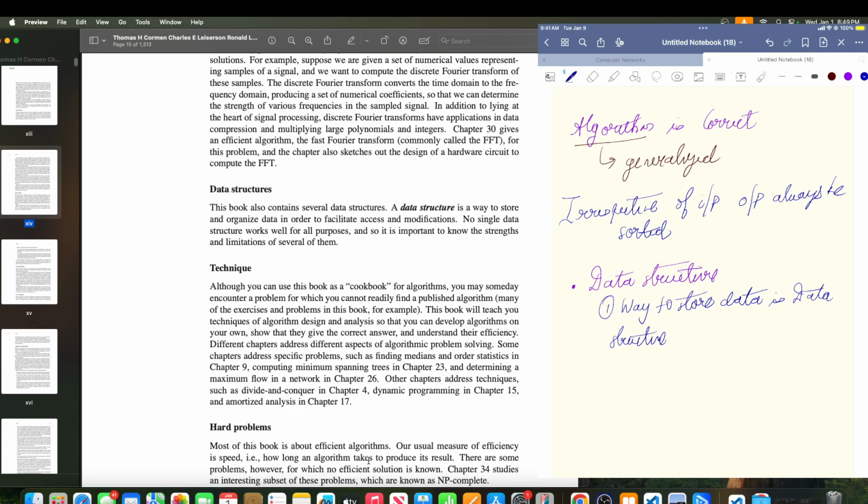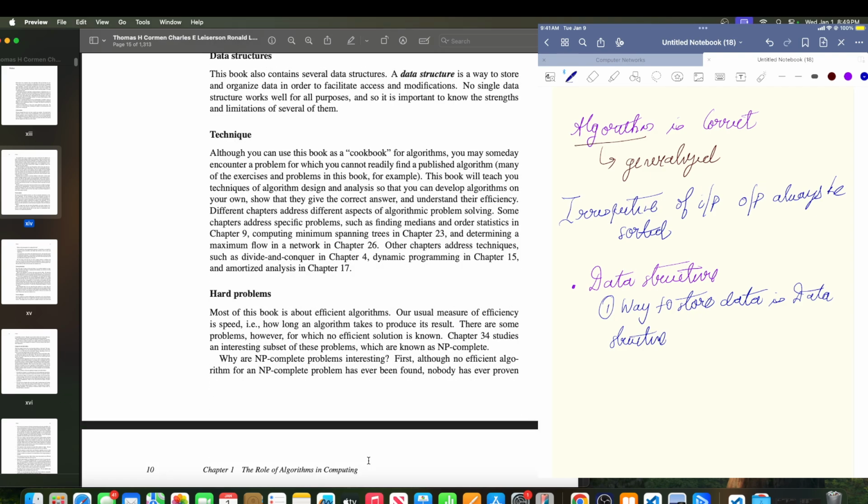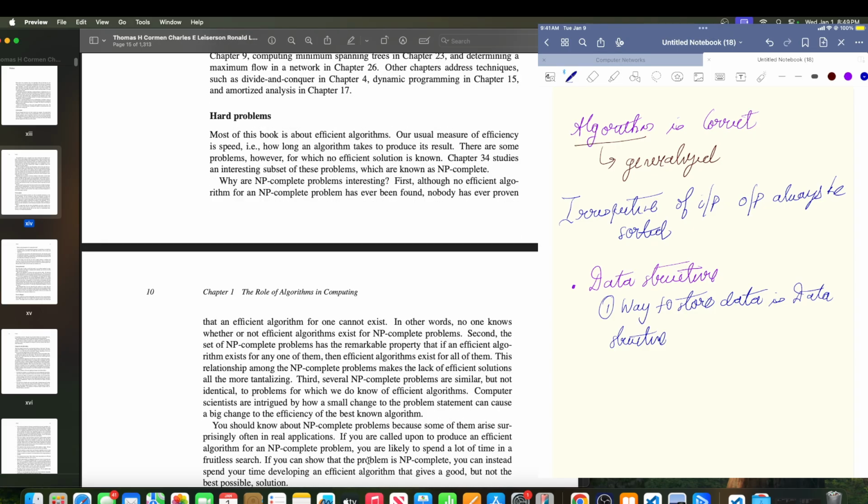The book will teach you techniques, so it might happen that at some point you have to implement an algorithm yourself. Then there are hard problems. Most of the book is about efficient algorithms, with the usual measure of efficiency being speed. There are some problems, however, for which no efficient solution is known.